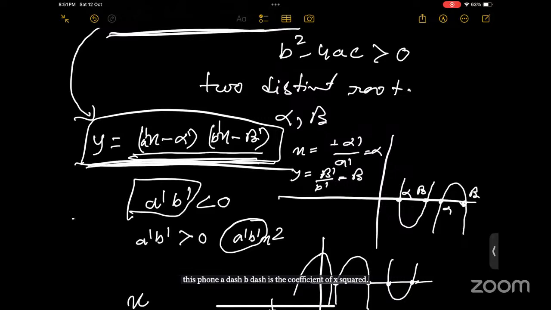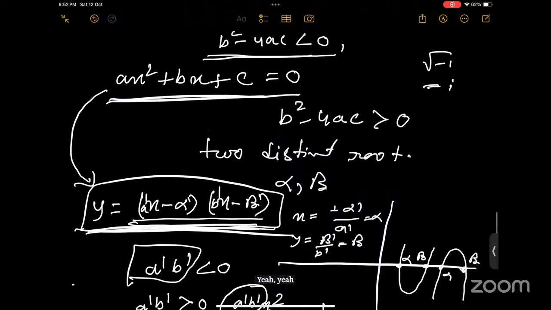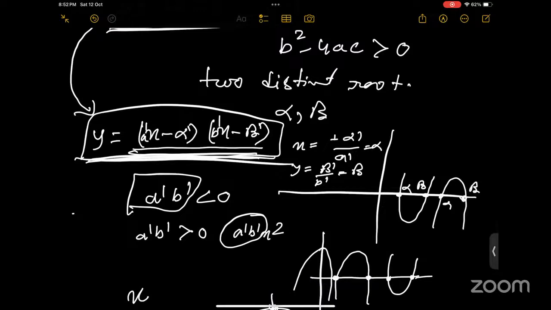This is not our usual a and b; these are some different constants. The constant a is basically nothing but the product of a dash and b dash. Okay. So any other doubts?